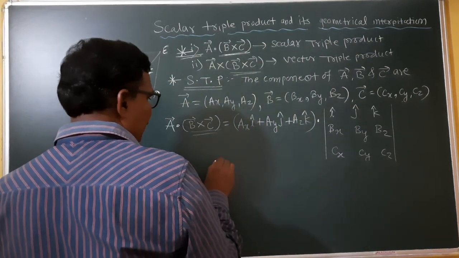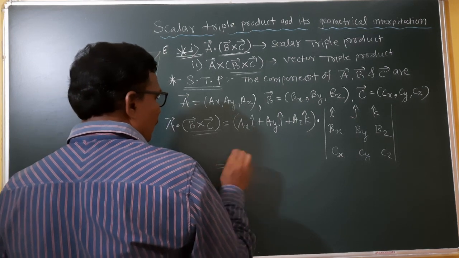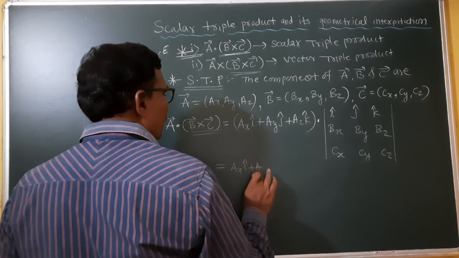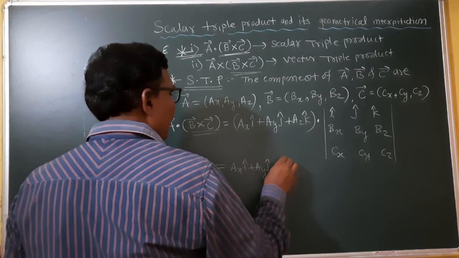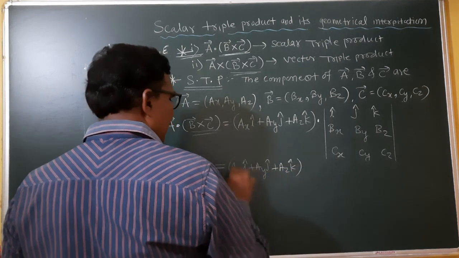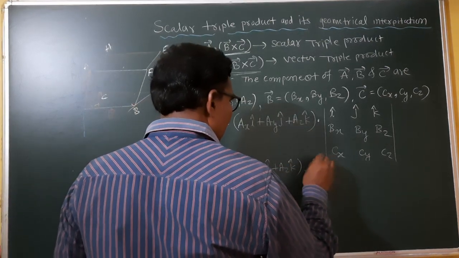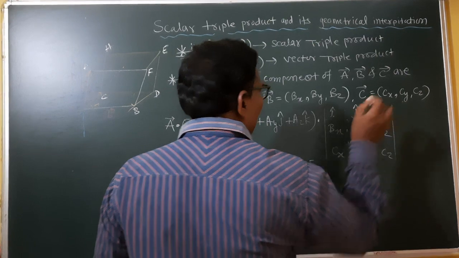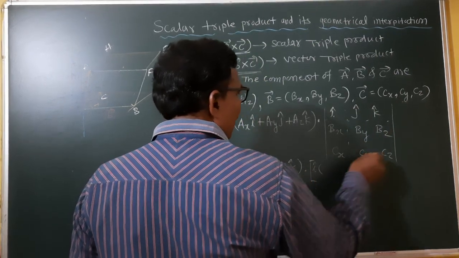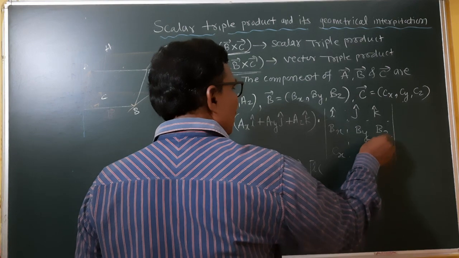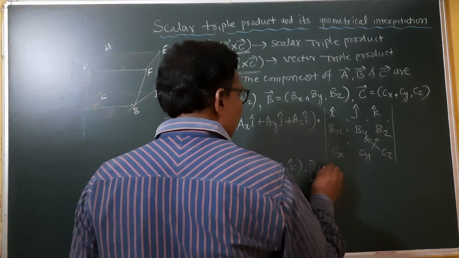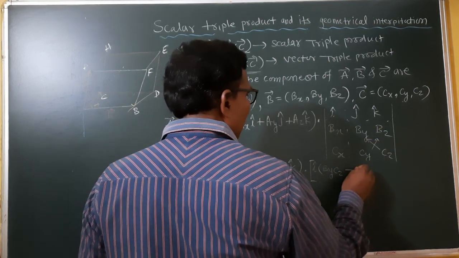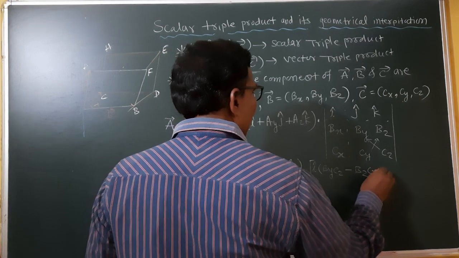So it equals the dot product of two vectors: Ax into I cap plus Ay into J cap plus Az into K cap, dot the expansion. The first term is I cap into the bracket of the product of these two, By Cz minus Bz Cy.